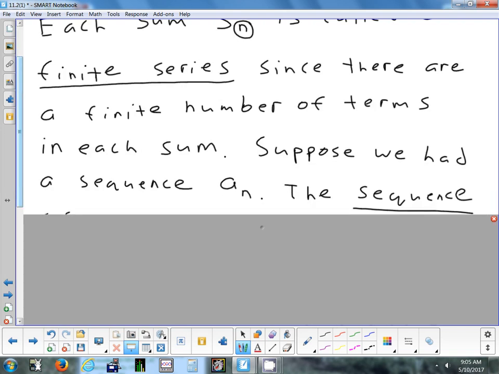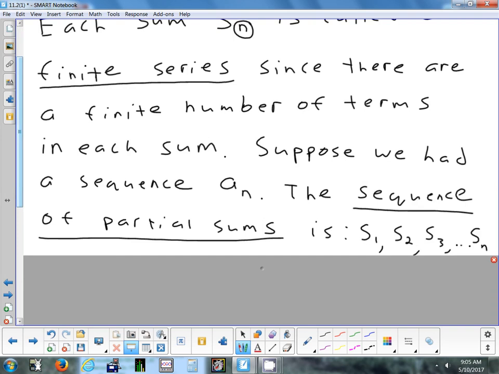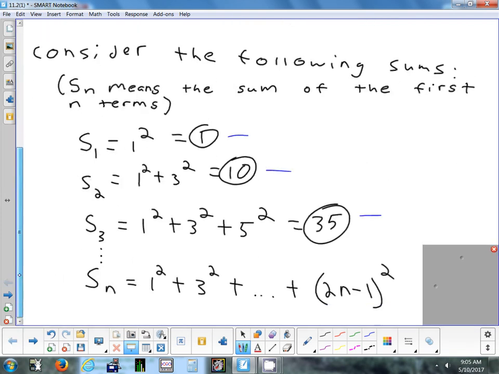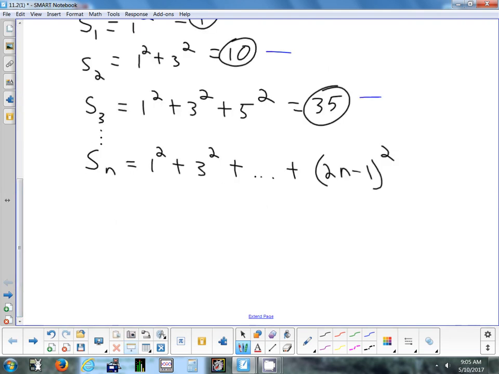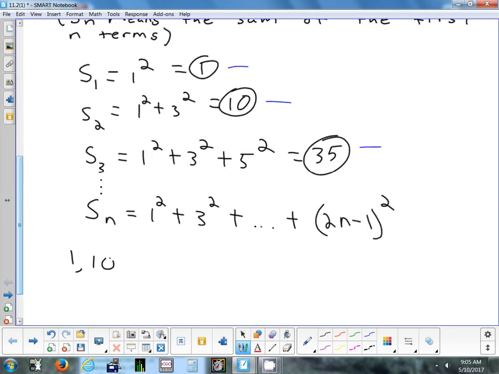All right, so if we had a sequence A sub n, sometimes we use B sub n, whatever you want. You can name the sequence using any letter. If we made a new sequence out of the sums, that's called a sequence of partial sums. I think it'll be easier if I just go back to the other page for a second. If you wrote down this sequence, 1, 10, 35.